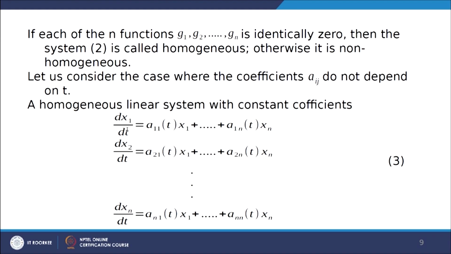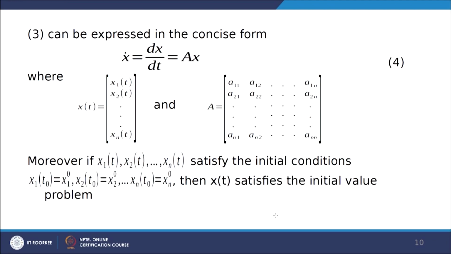So, this is of the form dx1 by dt equal to a11 into x1 and so on a1n into xn, dx2 by dt equal to a21 into x1 and so on a2n into xn, and dxn by dt equal to an1 into x1 and so on ann into xn.